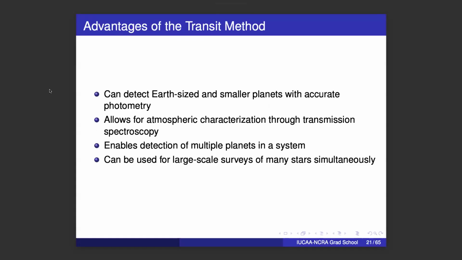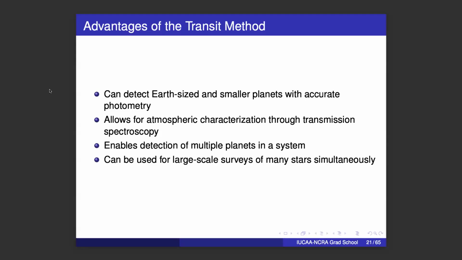So it can detect Earth size and smaller planets with accurate photometry, and we'll work through a small problem on that in a minute. It allows for atmospheric characterization through transmission spectroscopy. So if measuring the radius wasn't good enough, you can measure the composition of any atmosphere that the planet has.